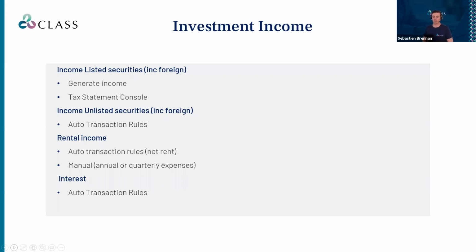With rental income, when we see what people have done, there's generally two approaches. It kind of depends on the situation, right? So let's take a situation where the rent is paid 100% into the super fund and the expenses are paid out of the super fund separately. In that situation, it's very easy to just make auto transaction rules to record the gross rent and then the expenses.